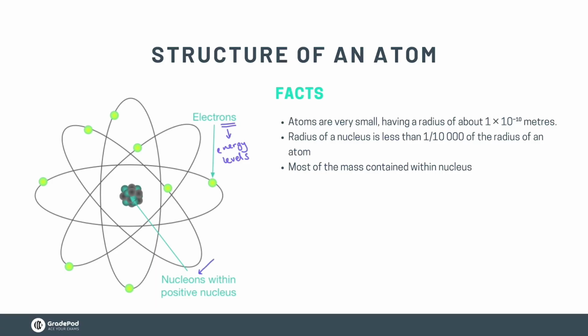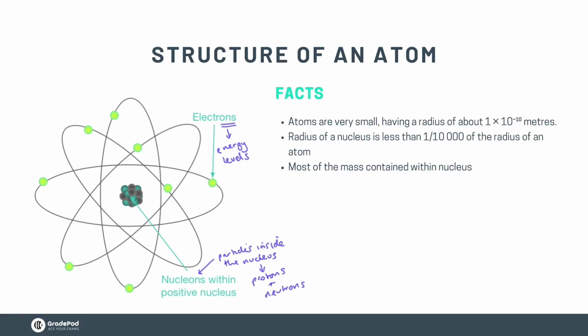And nucleons are particles inside the nucleus. Come on folks, you know what's inside the nucleus, don't you? We've got protons and we've got neutrons. So anything that can be found inside the nucleus is called a nucleon. And the nucleons are found inside this nucleus. And then we've got electrons flying around outside.